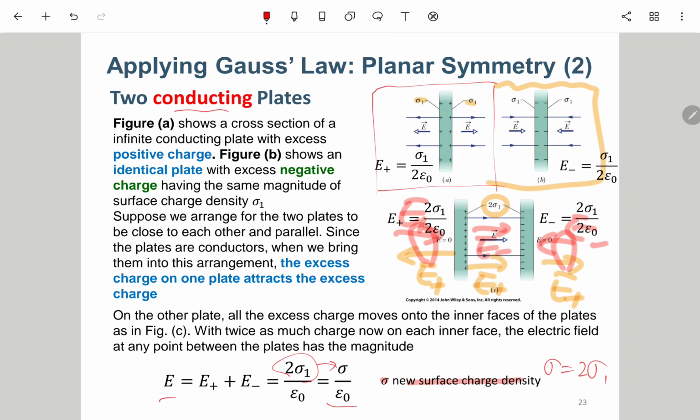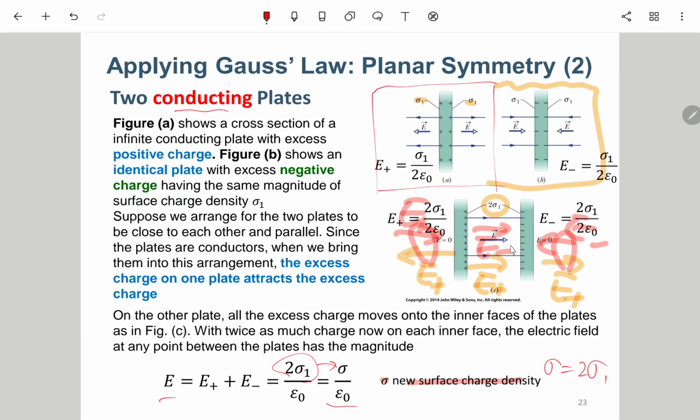So this is actually a capacitor. If we can make 2 parallel plates have opposite charges with the same amount, then it will generate an E field between the parallel plates, and there will be no E field outside the parallel plates. Between the parallel plates, the E field is uniform.